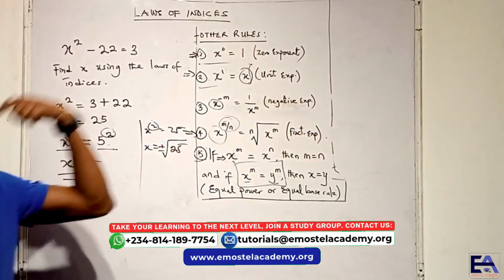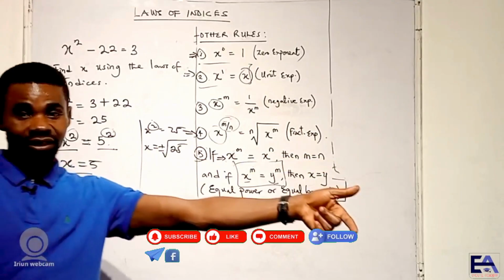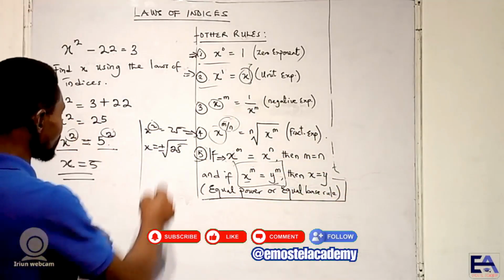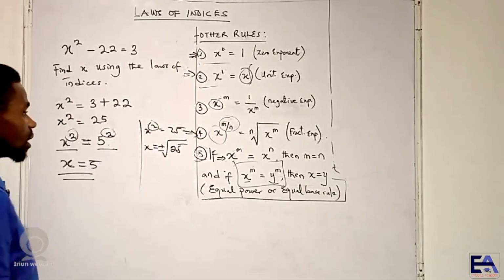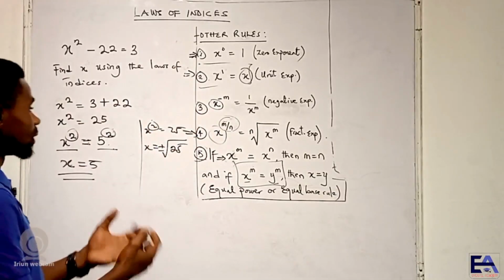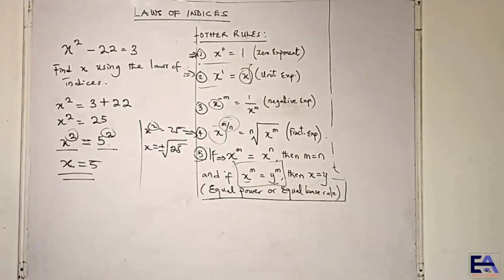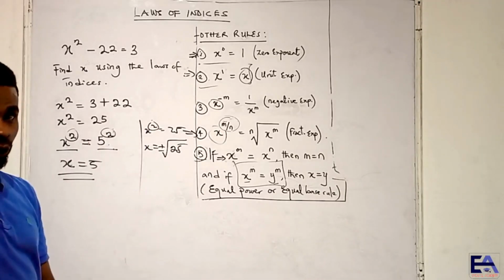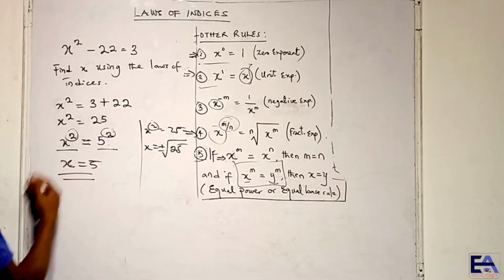If it was an exponent, it goes to the other side as a root, and if it was a root, it goes to the other side as an exponent. You understand? That's just how mathematics is. Whenever a term crosses the equality, it goes with the opposite of the initial operator. Operators can be addition, subtraction, multiplication, exponentiation, division, and all that.